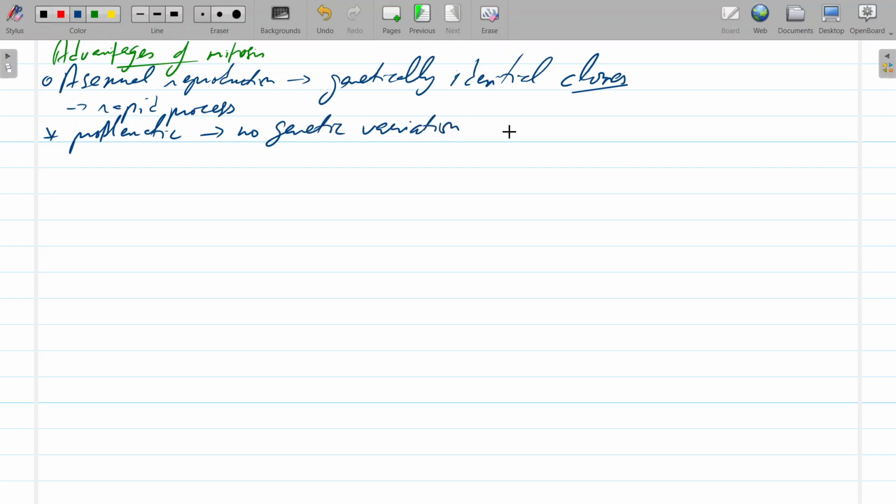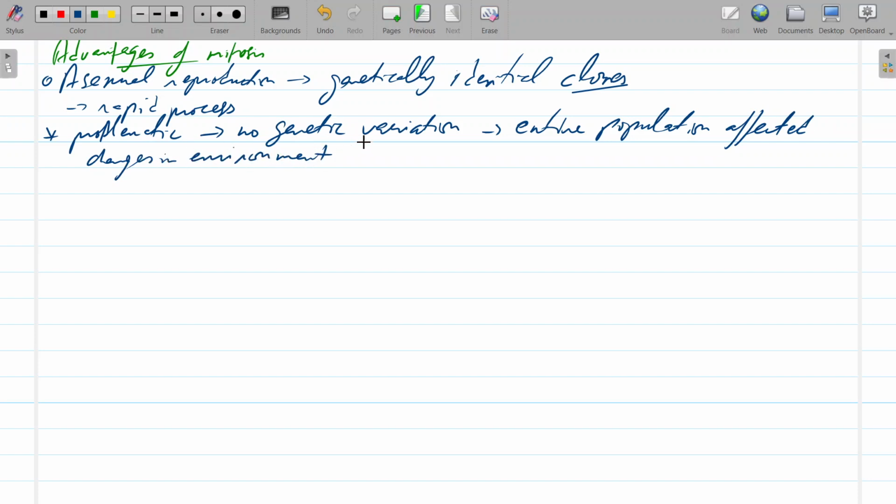So the entire population can be affected and possibly wiped out by any changes in environment, or, for example, a disease, because they're all the same genetically, and so they're all going to come under effect.